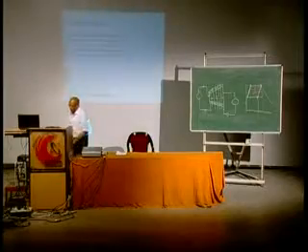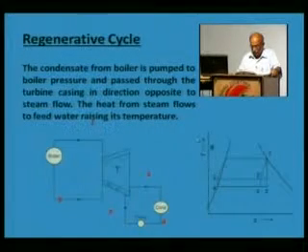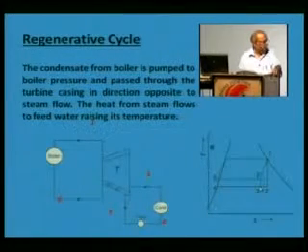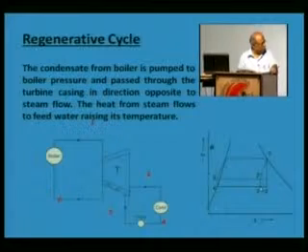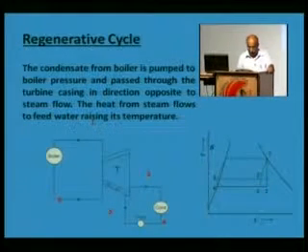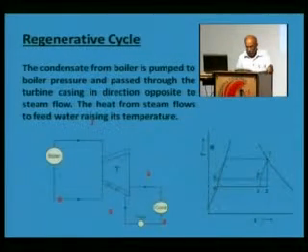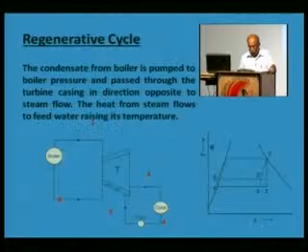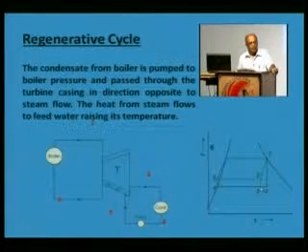But again, there are certain problems in the regenerative cycle. We find that the dryness fraction here at this point, when the steam leaves the turbine, would be 0.3, and at this point the steam becomes very wet, the dryness fraction is low, and low dryness fraction is not at all desirable in steam turbines.